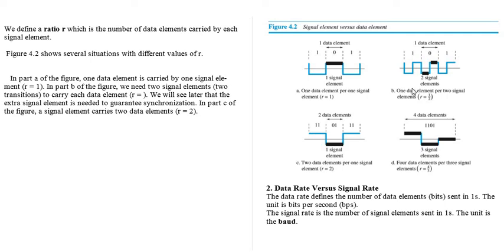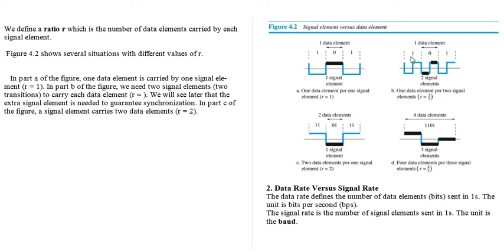In case 2, I need 1 data element, 2 signal elements. I need 2 signals to send 1 data. To send this bit 1, 2 signals are required. Then what will be the ratio? Ratio is the number of data elements by signal element, right?